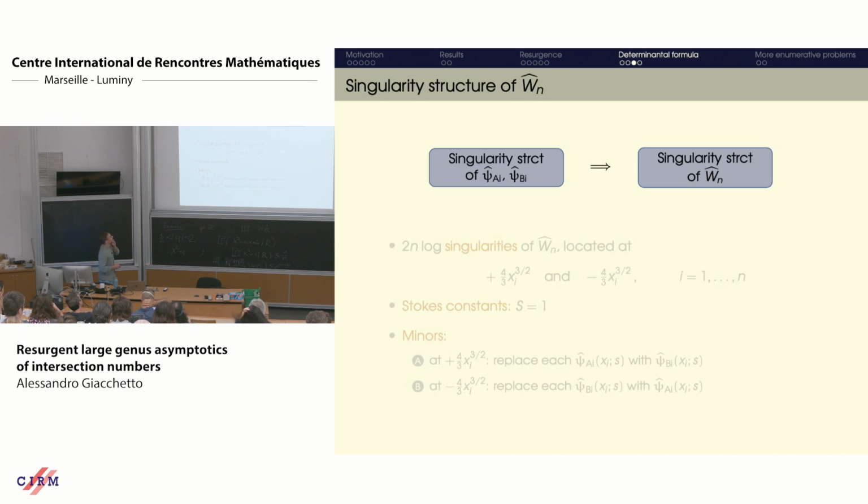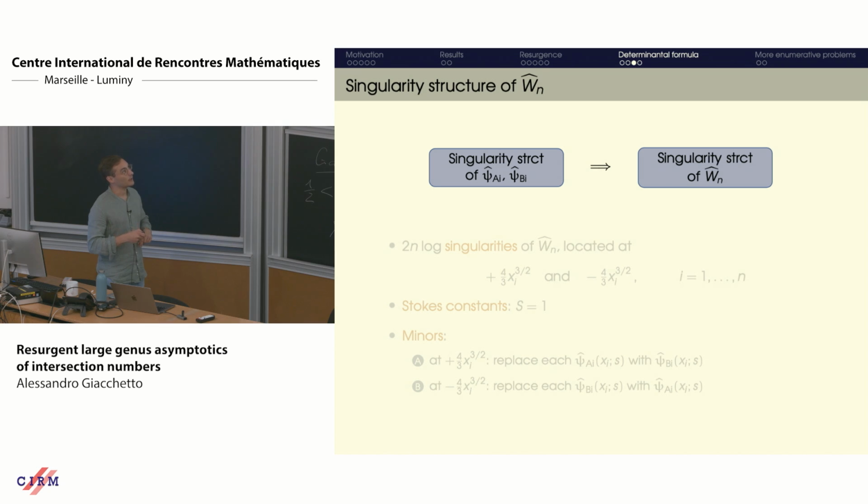So the main point here is that since I know the singularity structure of the Airy and the Berry function, I can somehow push this knowledge to a knowledge for the singularity structure of the Borel transform of this n-point function, this Wn.